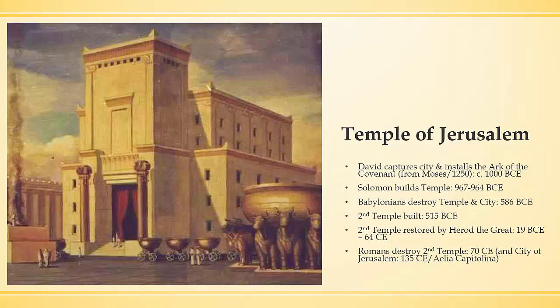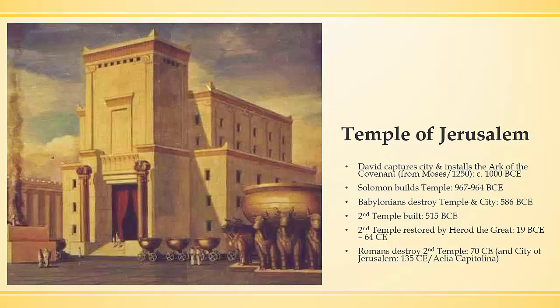It was then restored by King Herod the Great beginning in the year 19 BC, and it was finally finished in the year 64 AD or CE. 6 years later, in the year 70, the Roman army destroyed the second temple.